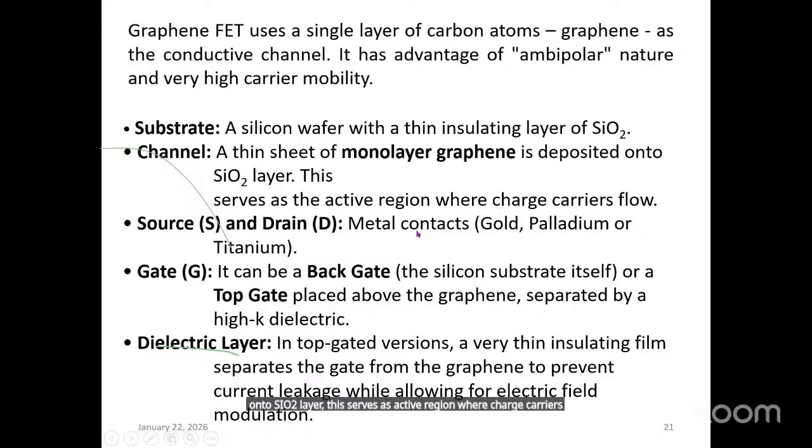Source and drain, no doubt, are metal contacts, aluminum or gold, depending. Gate is a back gate, the silicon substrate itself, and in the top gate version, a dielectric layer, a thin insulating film, separates the gate from graphene to prevent current leakage while allowing electric field modulation.